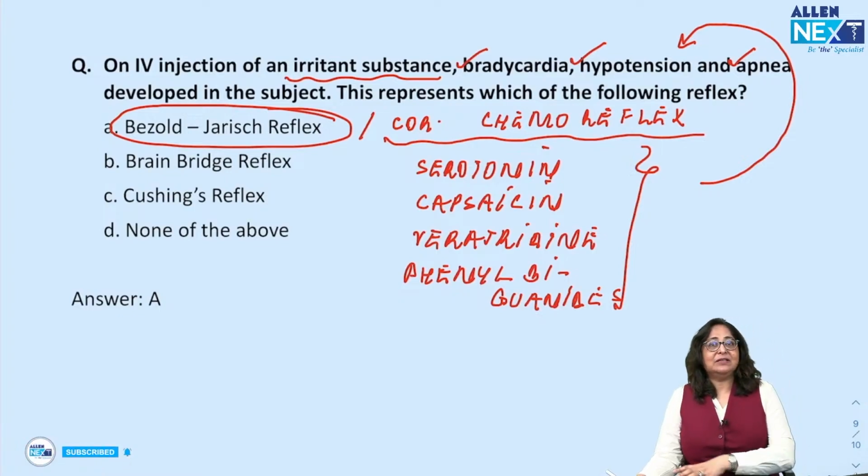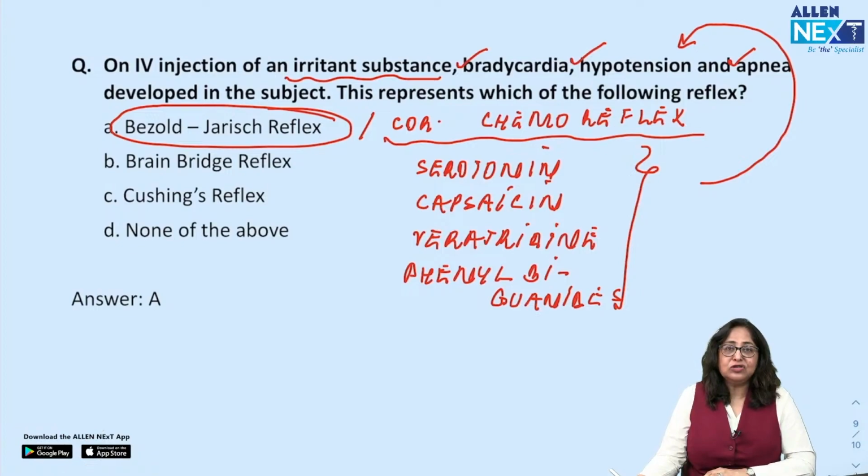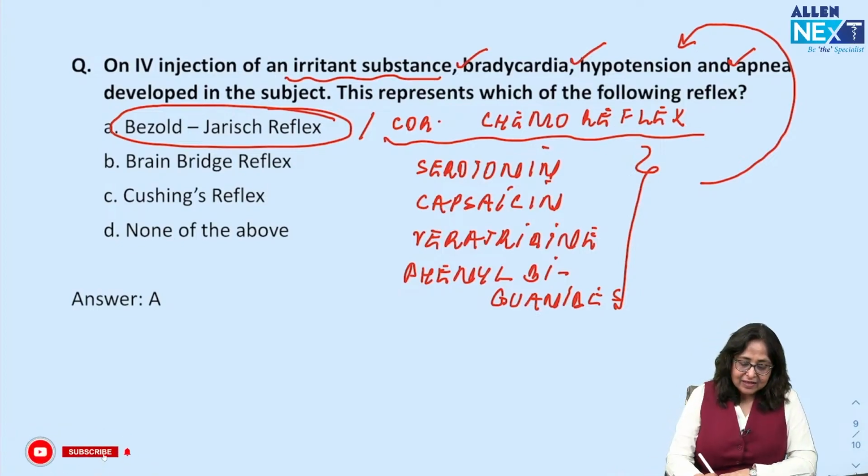Here the receptors are present in the left ventricle, right? So this is what is known as the Bezold-Jarisch reflex. There is a bradycardia and a hypotension along with an apnea.